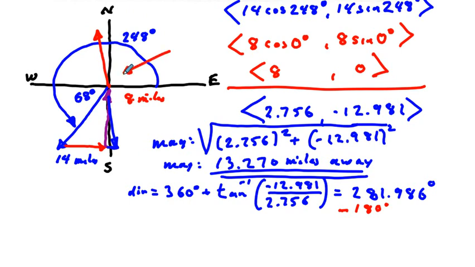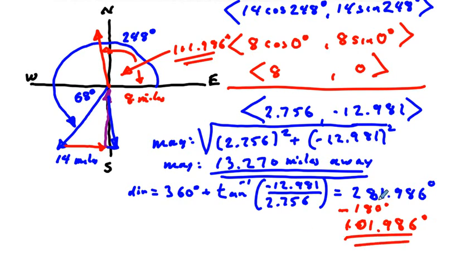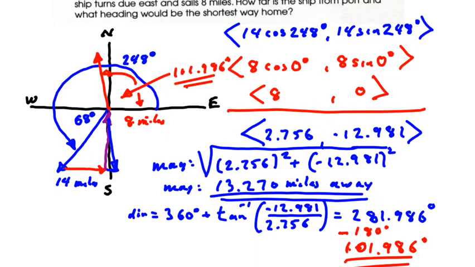That's going to be that angle there, this angle here, I'll just write here, 101.986 degrees. Okay, that's what you have to go to get home to the origin. And so we have our magnitude. Great, we are in good shape there.